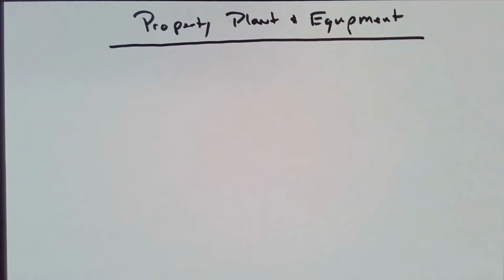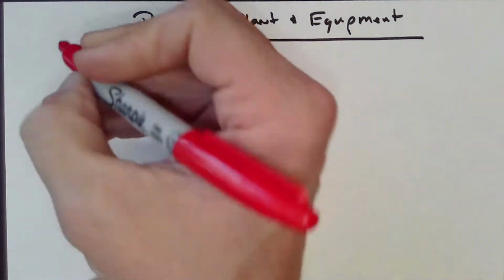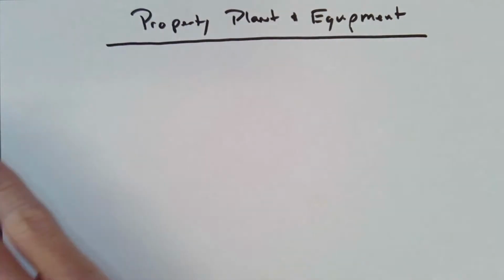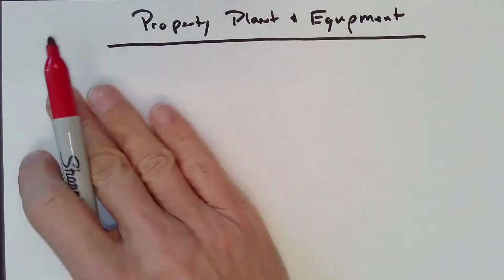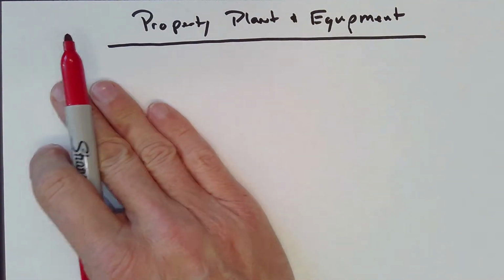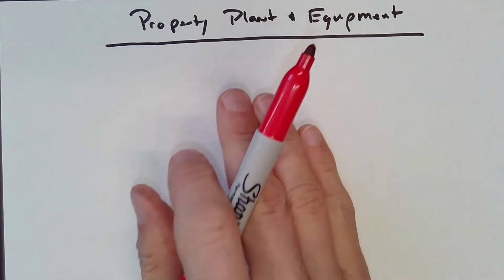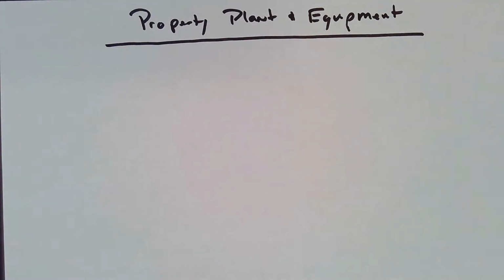What happens if there's a catastrophe? There's an explosion or a fire, or maybe the product that I'm making using this equipment is now obsolete. Nobody wants to buy it anymore, and the equipment was only used for a specific purpose. What do I do when that happens?